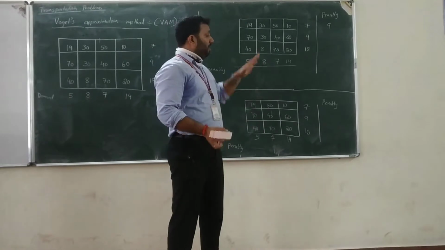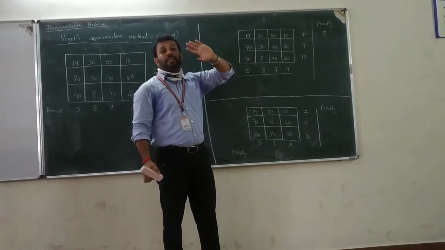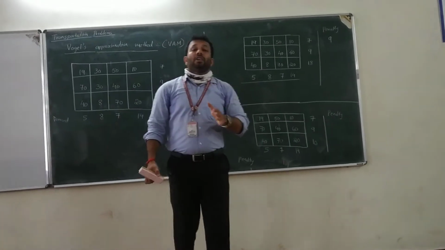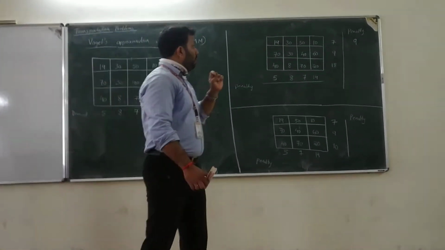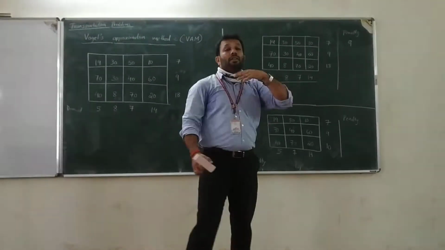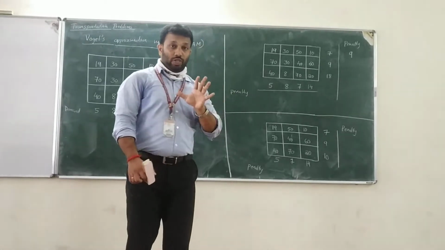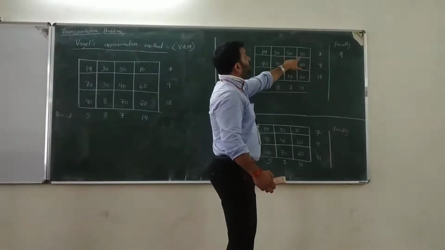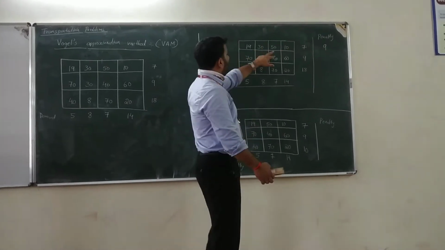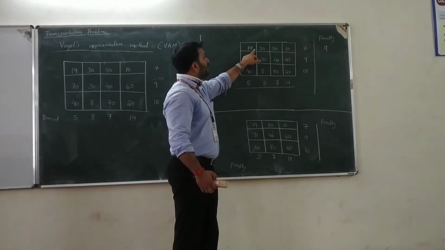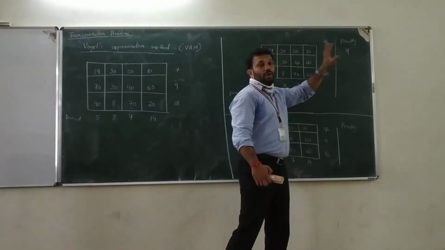I am repeating the same thing: the penalty is the difference between the lowest cost and the next nearer cost. So the lowest cost in this row is 10 and the next is 19, so 19 minus 10 is 9, which is my penalty.